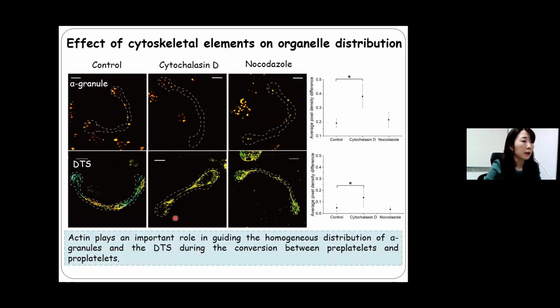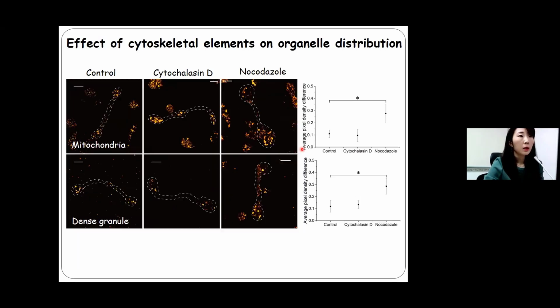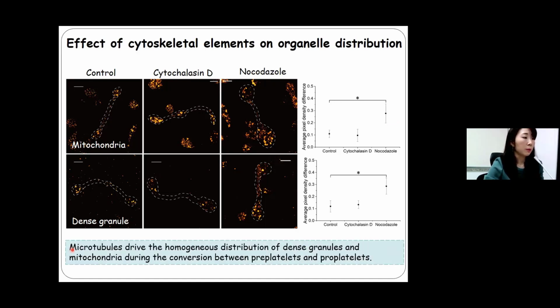It suggests that actin can play an important role in guiding the homogeneous distribution of alpha granules and DTS during this division process. In contrast, when we depolymerized the microtubule by using nocodazole, mitochondria and dense granules showed biased distribution as shown here. So in conclusion, microtubule might drive the homogeneous distribution of the dense granules and mitochondria during this process.